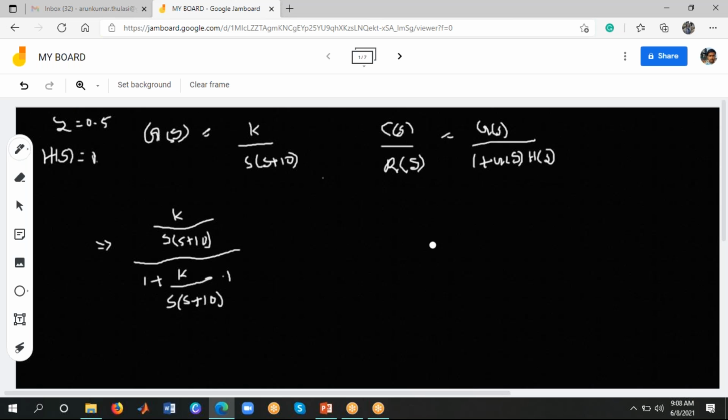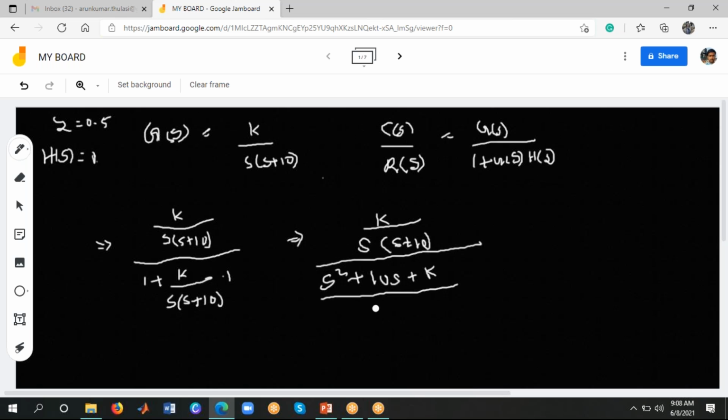Now if we simplify this term, then you will get K divided by s into s plus 10, and the whole divided by s square plus 10s plus K, divided by s into s plus 10.